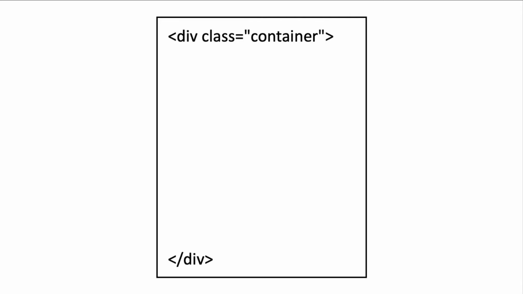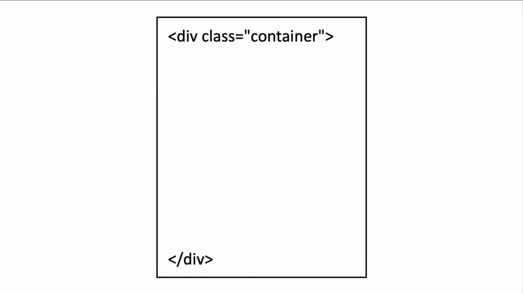A class is a set of bespoke instructions created by the style sheet, similar to what we've been doing when we have a selector like H1 or image, and then we tell it what to do with the CSS. But this is for a specific bespoke custom-made class, in this case called container.